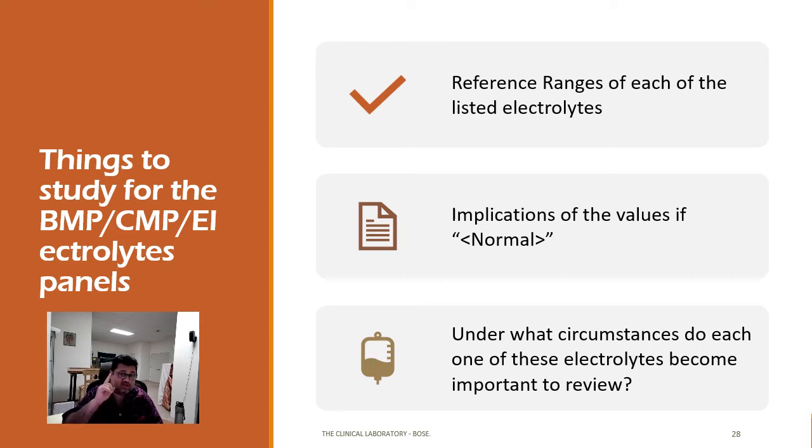The implication is perhaps the most important thing to study for everything. And what are the circumstances which alter these electrolytes as abnormal? So under what disease condition would these abnormalities surface? And that goes in lockstep with the implications of the abnormal value.